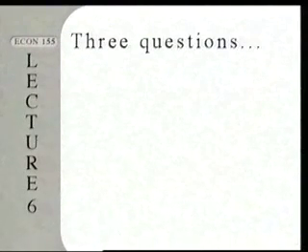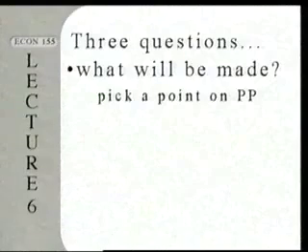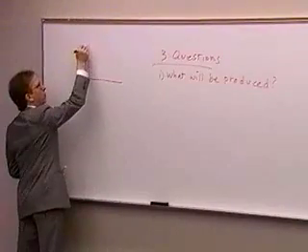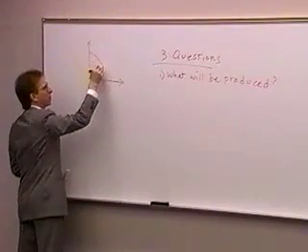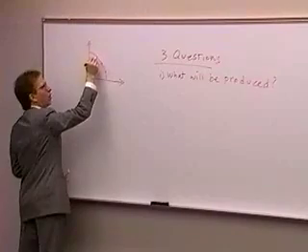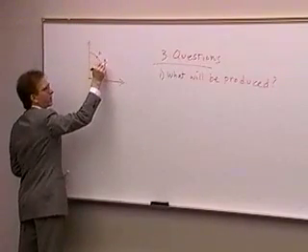Number 1, what will be produced? You know, every nation has got to decide that. What I'm telling you here is that what will be produced is going to be at some point along the production possibilities frontier.